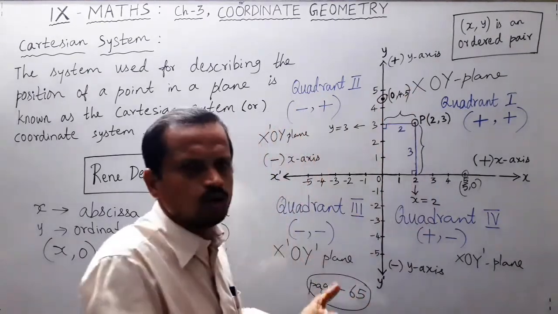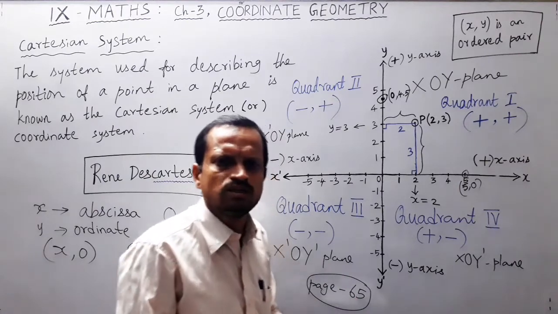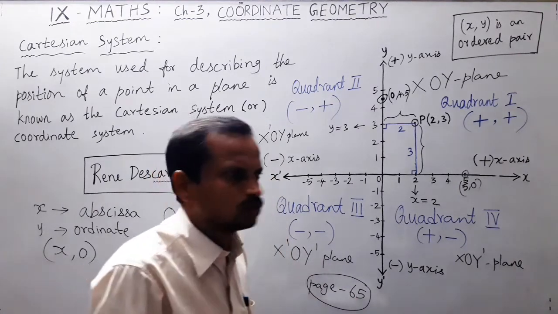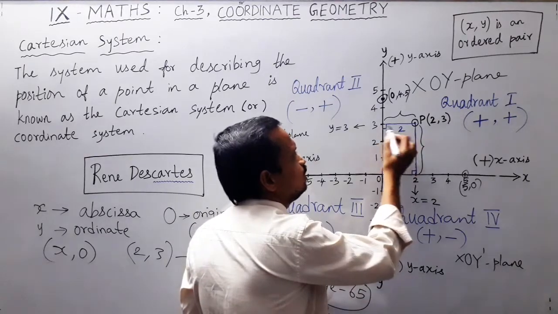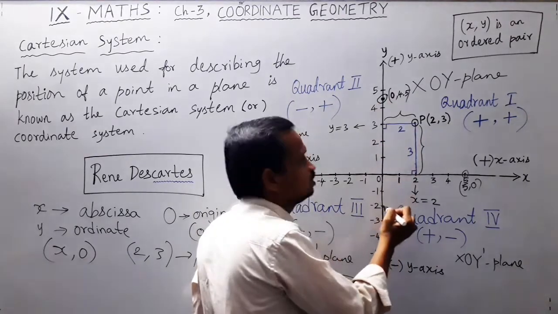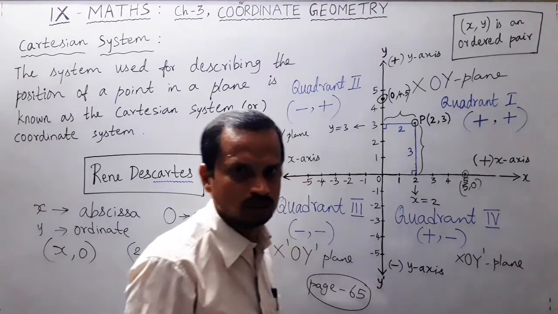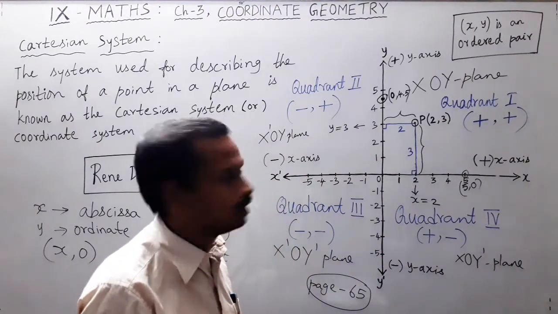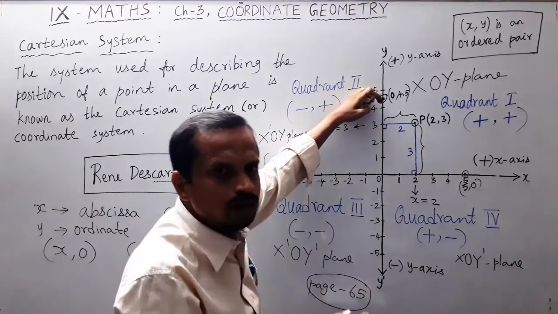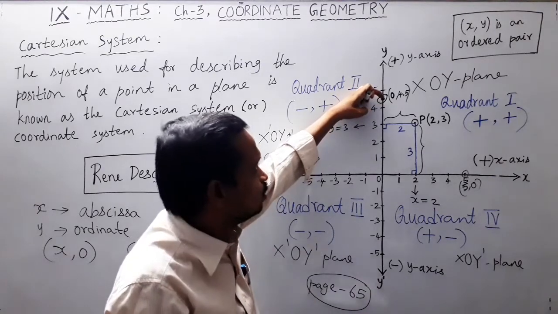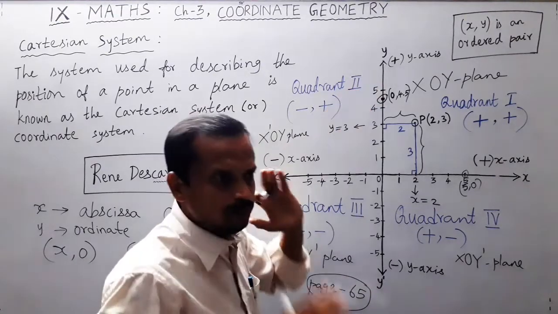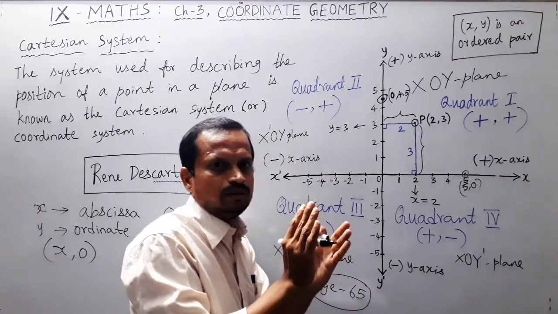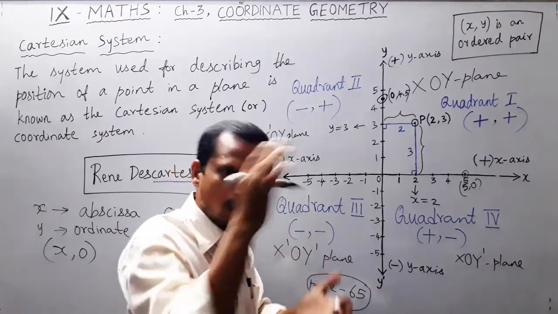But what about the x coordinate? The x coordinate is 0. Because how will you get the x coordinate? It is the distance between the y-axis and the point. That is called the x coordinate. But here the point is on the y-axis, so we cannot measure the x coordinate, because the point is on the y-axis.